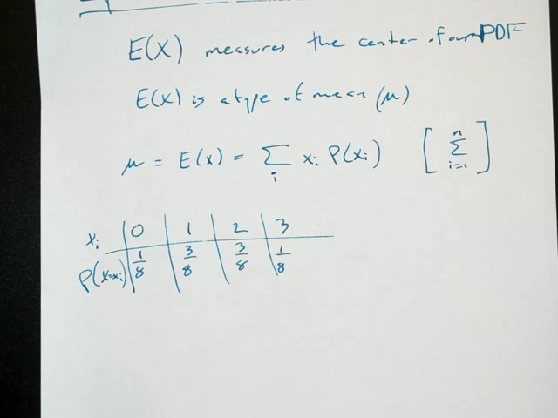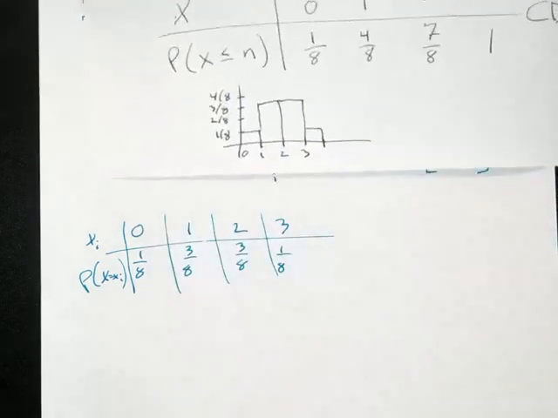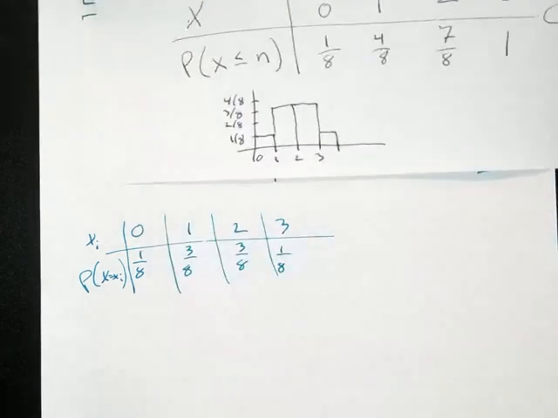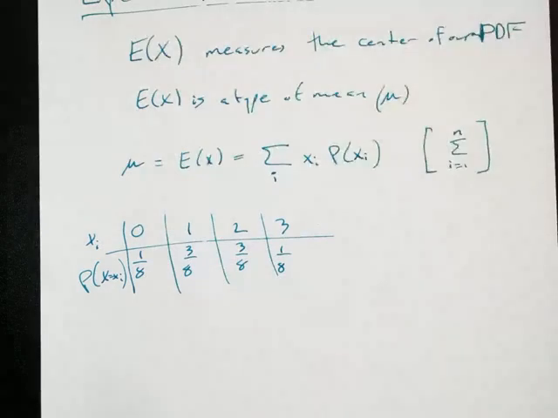And based on our histogram, where do you think the center is going to be? Oh, yeah, right there in the middle between 1 and 2. What do you get for your number when you do this?